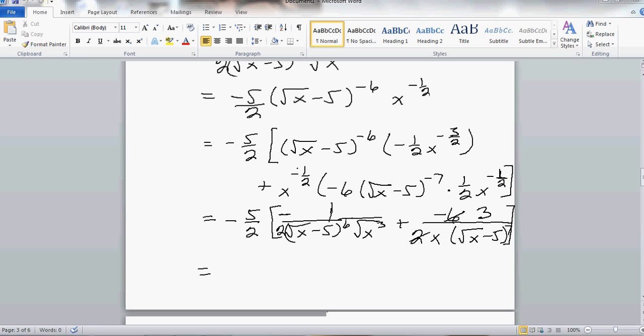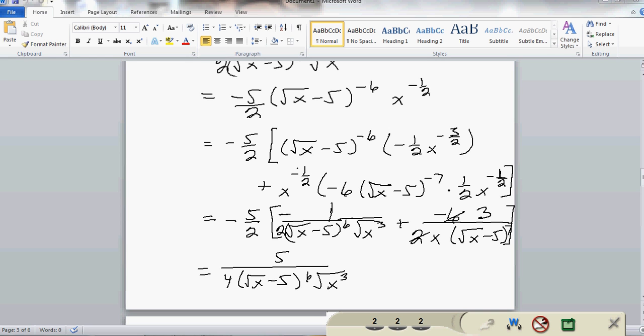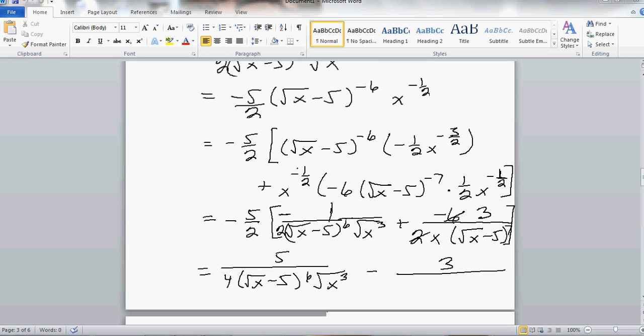And so finally, when I distribute the -5/2 to everything here, this becomes a positive 5/4 times the square root of x minus 5, all raised to the 6th power, times the square root of x cubed, minus 3 over x times the quantity square root of x minus 5 raised to the 7th power.